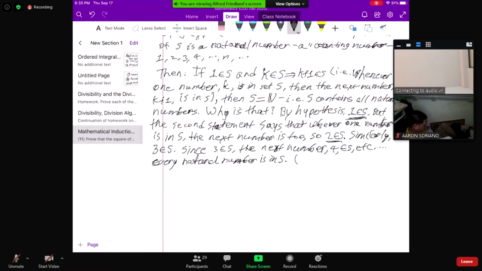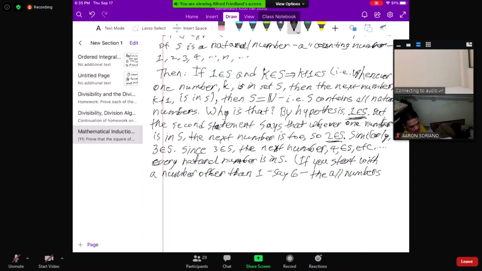Let me mention, if you start with a number other than 1, I don't know, say, 6, for whatever reason, and we'll see some reasons, then all natural numbers starting with 6 in the same way.